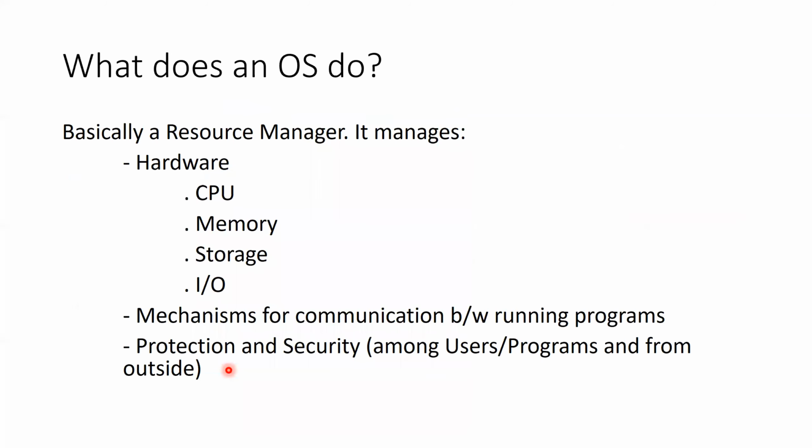What does managing a CPU mean? Let's say you have a system with only one CPU, one single core CPU. How many programs are running at any given time in that system? Usually a system has hundreds of programs running at any given time.